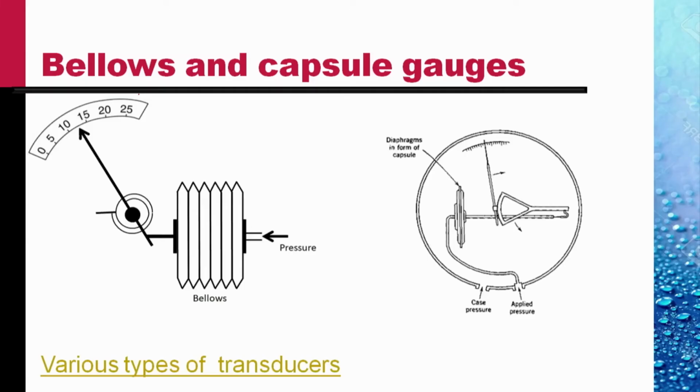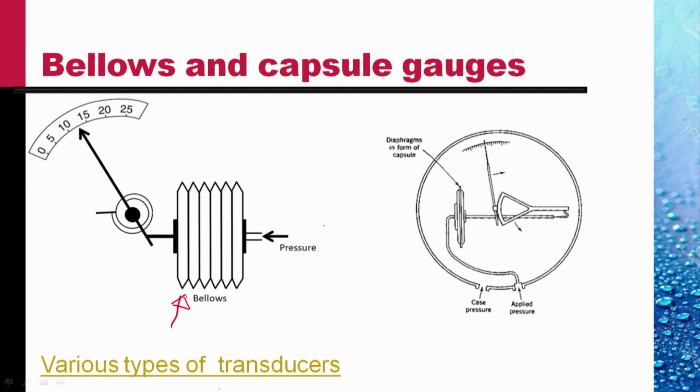The other types of gauges use bellows and capsules. In this first picture, there is one pressure which is applied on the outside of the bellows.